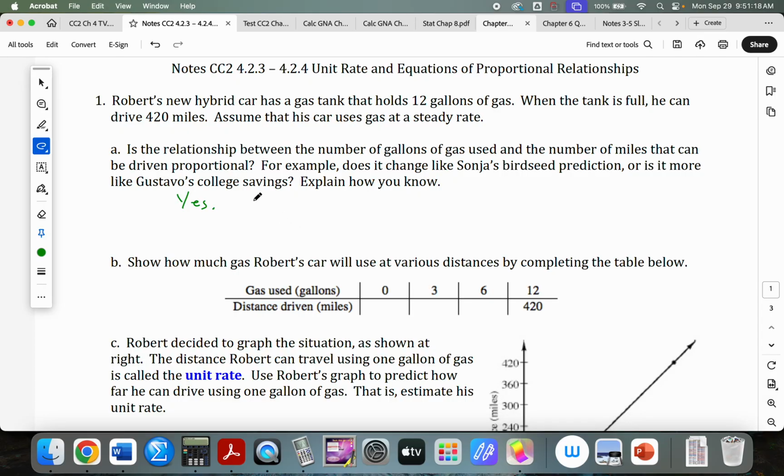Well, if he had 0 gallons, he could drive 0 miles. Part of what's important is that it's going to go through 0, 0.